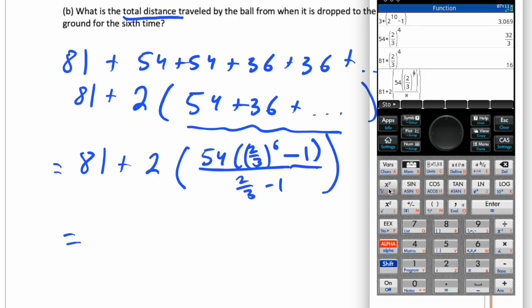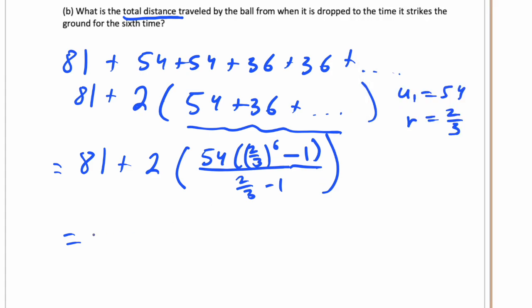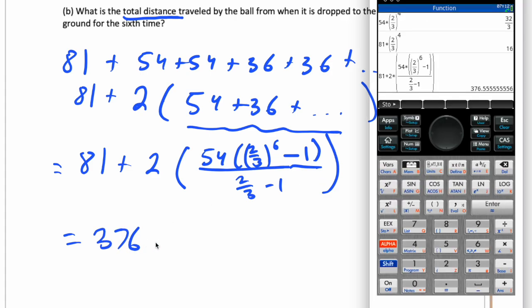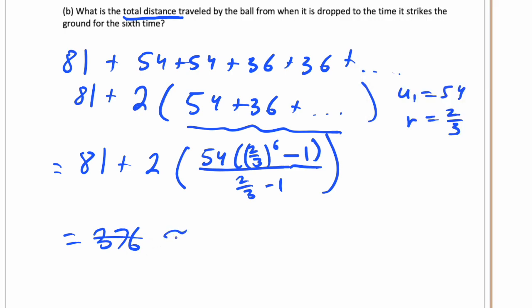Just be really careful about the brackets. 6, and then a minus 1, and the denominator is 2/3 minus 1. Double check before we click enter, make sure everything's okay. 376. That's a lot of distance there, right? Rounding up, it would be 377. 377 meters.